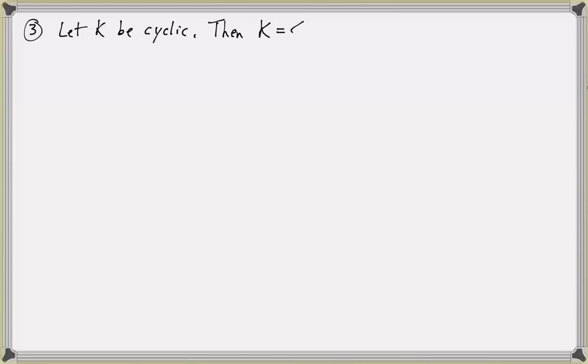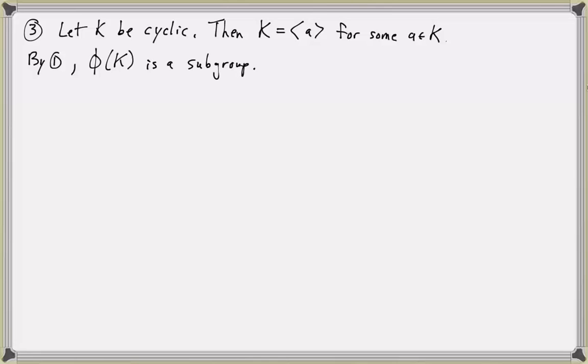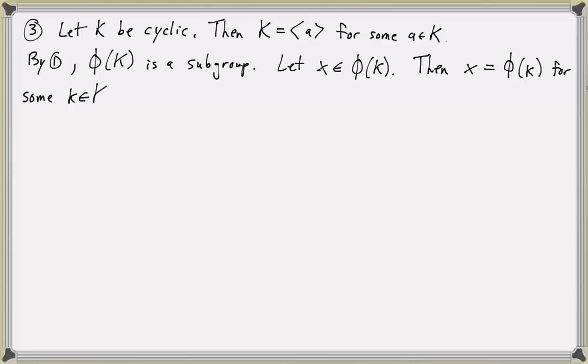Well, then I can write K as the cyclic subgroup generated by a for some element a in K. By statement 1, we know that the image of K is a subgroup, so let X be in the image of K. So then X equals phi of little k for some little k in group K.